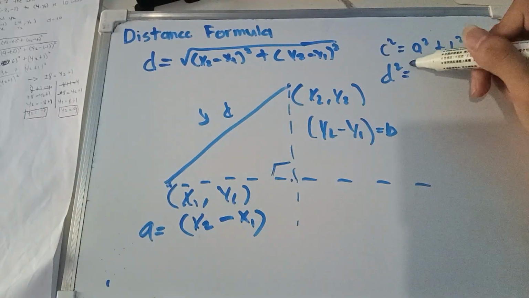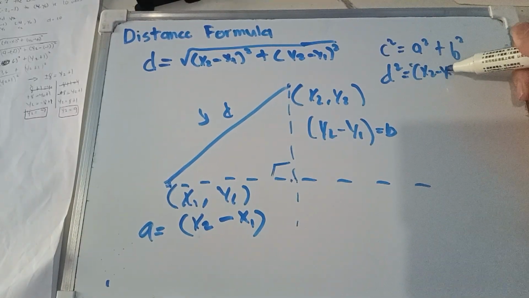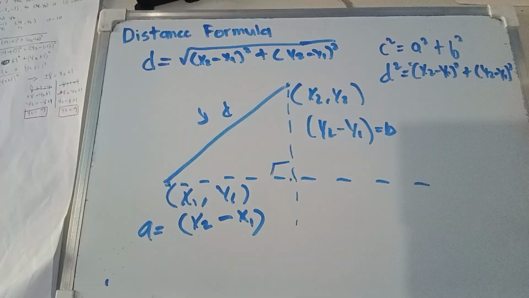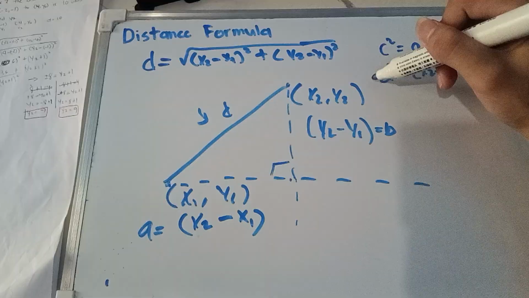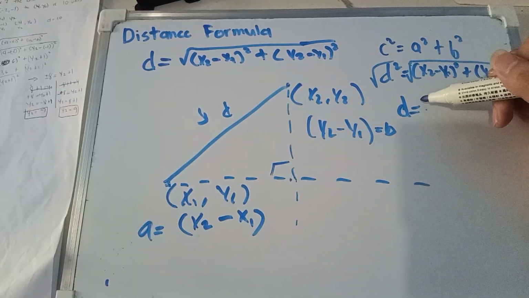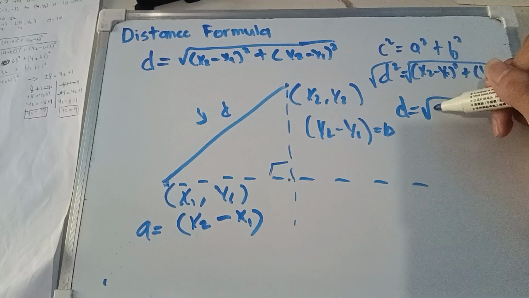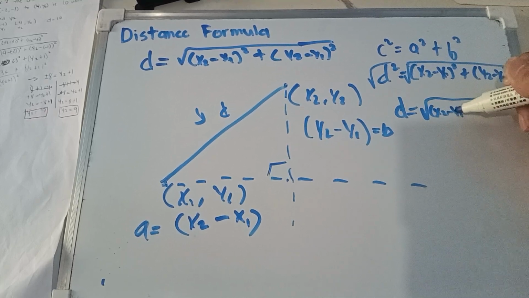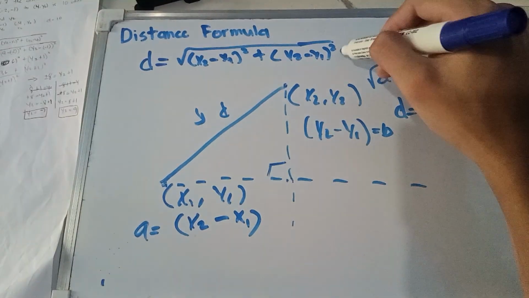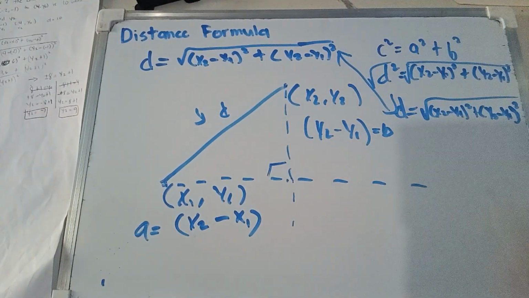So a squared will become x sub 2 minus x sub 1 squared plus y sub 2 minus y sub 1 squared. We can square both sides so that this squared will become d, and just copy this. So now these two are the same, and that's how we derive the distance formula.